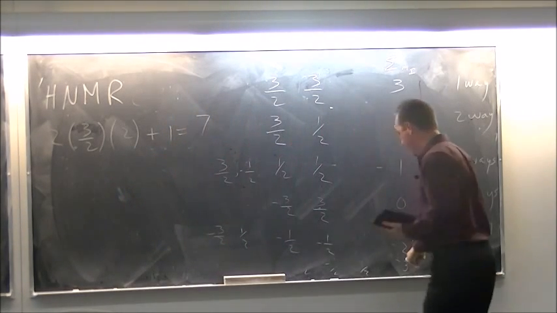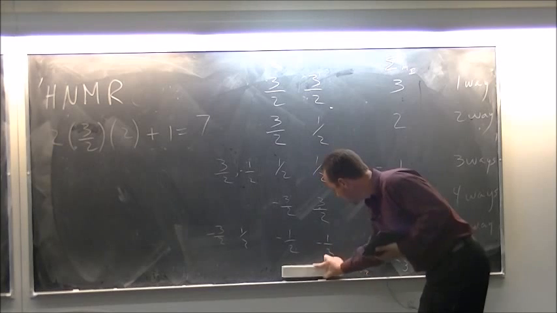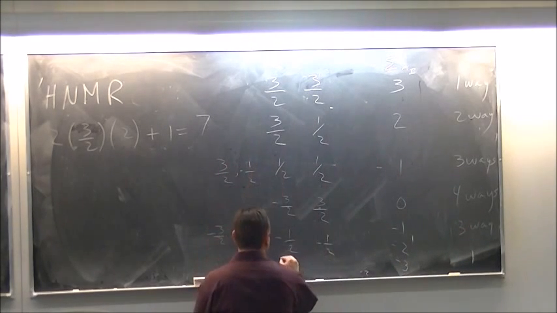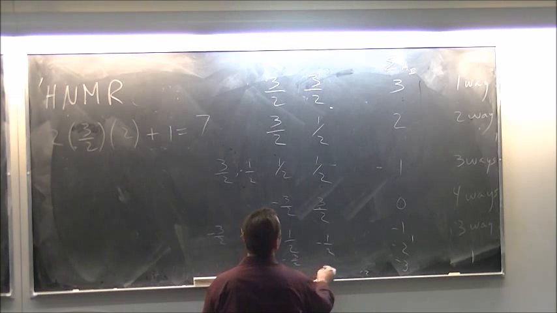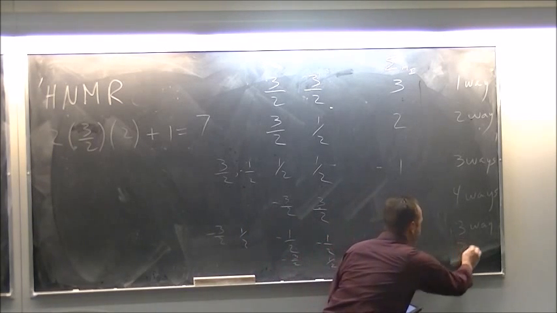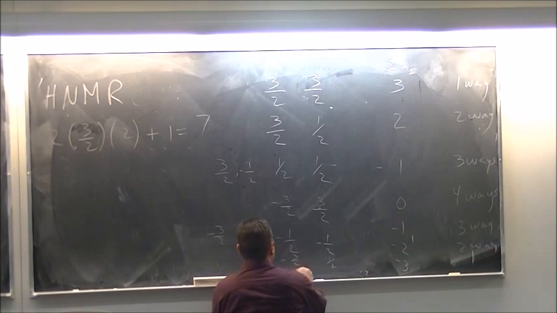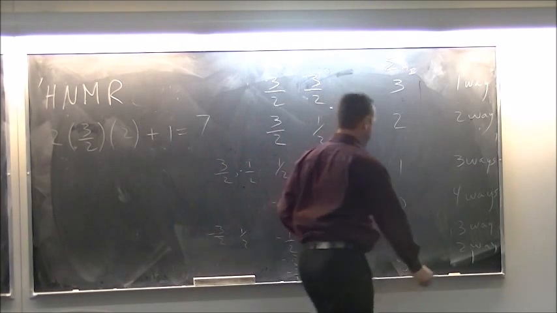And then for minus 2, I can have minus 3 halves, 1 half, and there are 2 ways of doing that. And for the minus 3, it has to be minus 3 halves, minus 3 halves. So in any case, there's just 1 way of doing that.